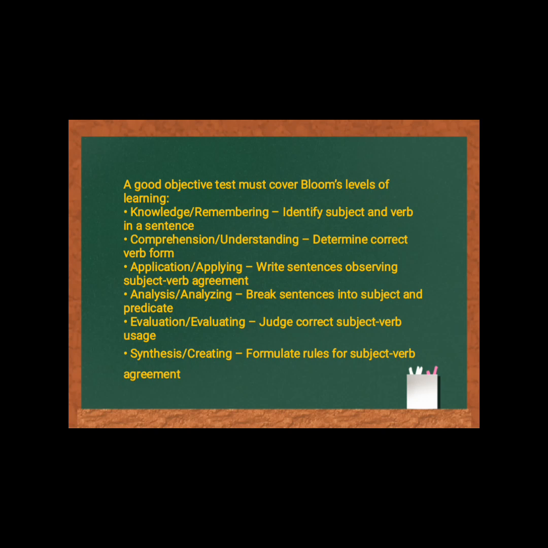Since it is higher order thinking, we teachers can measure whether the students understood our discussion. Here we make a test that measures the students' understanding, like having them write a sentence or essay using correct subject and verb agreement. In that way, class, we can measure whether the children really understood, if that is the paper and pencil test questionnaire we use.